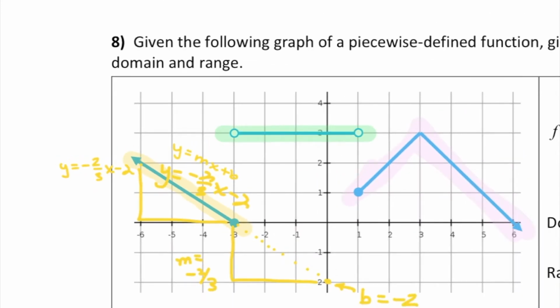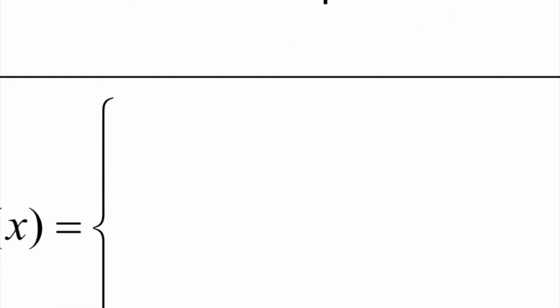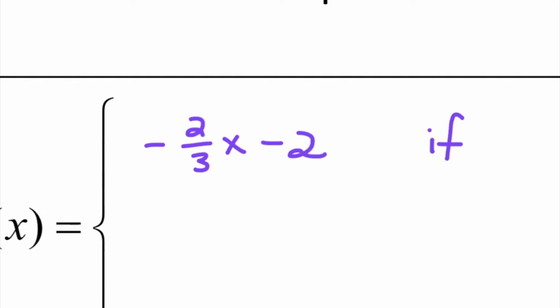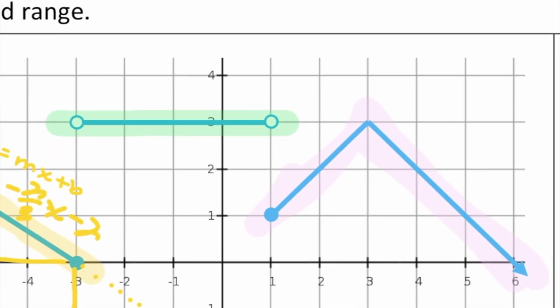So that's going to be the first part of the equation: f of x equals negative 2/3 x minus 2. And we'll come in and fill in the restrictions in a minute. The middle one, the one that I have in green, is just y equals 3.